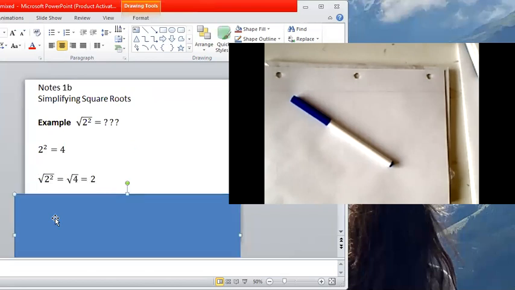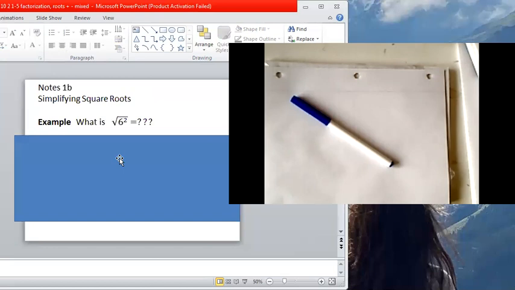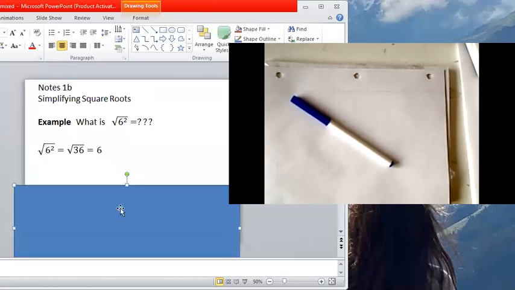Making it big, undoing it, we're back to where we started. Same here. Remember, you can just jump right to the final answer. If a square root and a square are there, they undo one another. Done. Or work it out if you need to so that you get a number that's familiar, and then you're good to go.